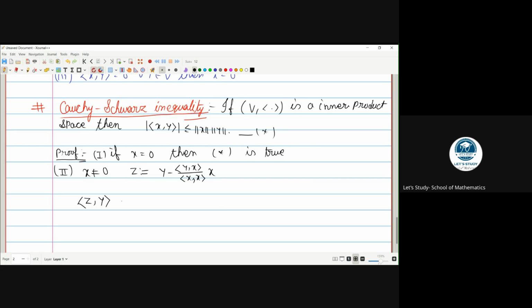What is this? It is basically the inner product of y minus the projection term. What is this?